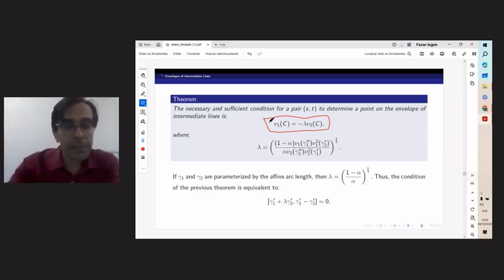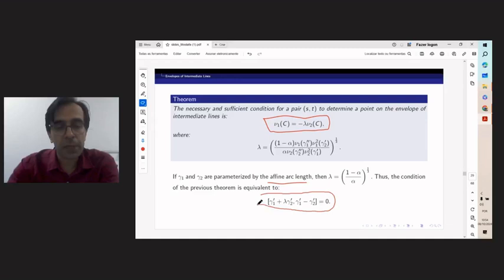This can be simplified if we consider the affine arc length parameterization. This lambda with affine arc length parameterization simplifies to this formula. It depends only on alpha, and in this case, the condition simplifies to finding the determinant of this matrix.